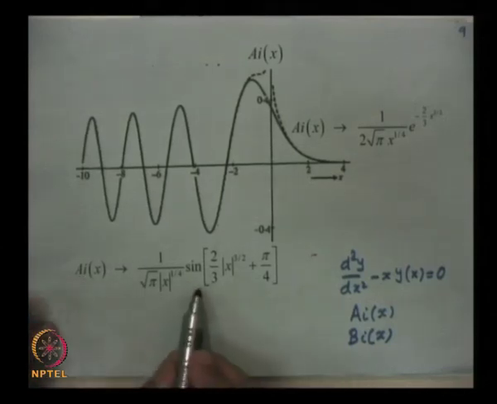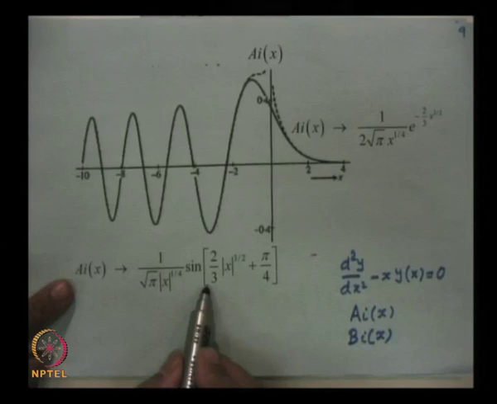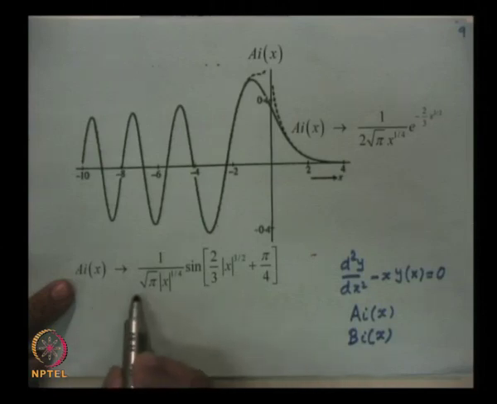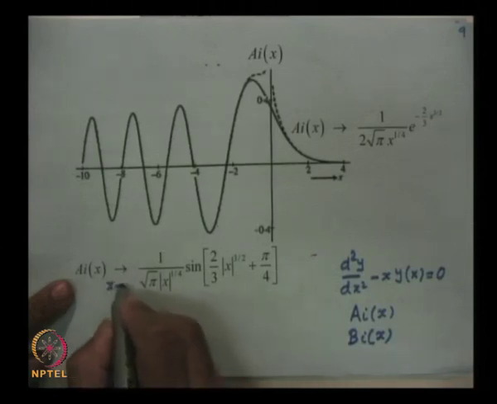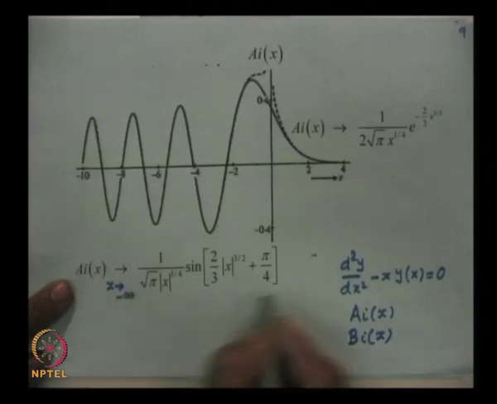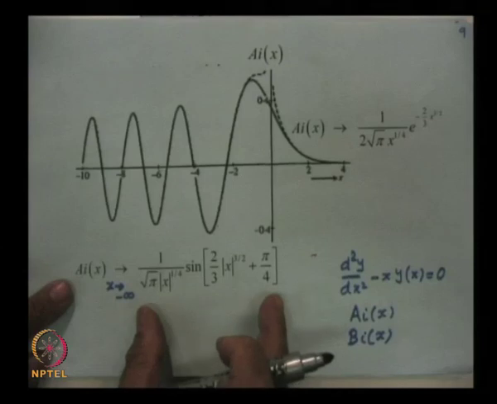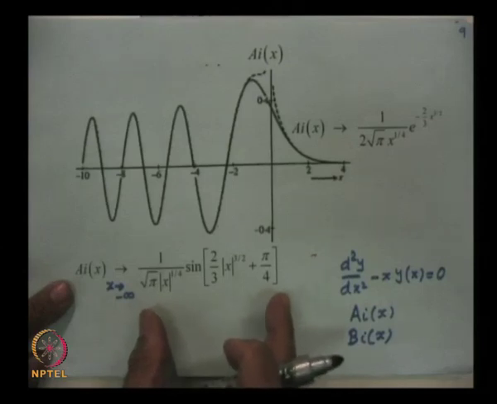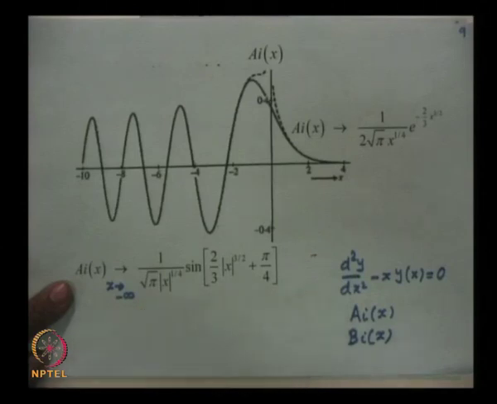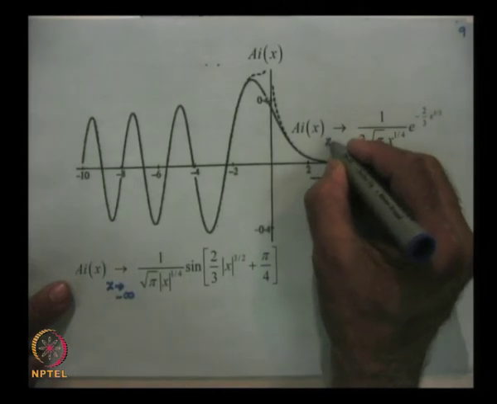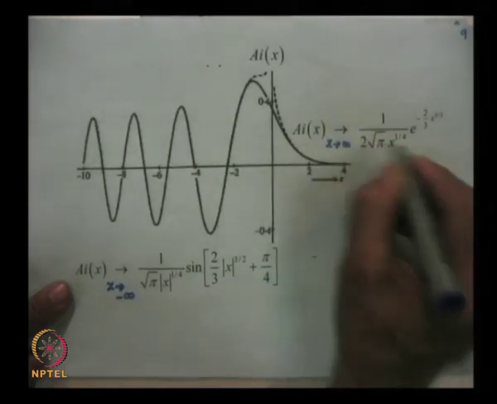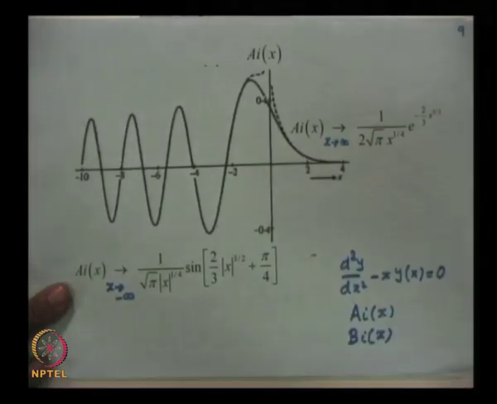And Ai of x has an asymptotic form as x tends to minus infinity, which is given by this. This I am not proving, but it can be obtained from the asymptotic forms of the Bessel functions, which must be known to all of you. Similarly, as x tends to plus infinity, this is the asymptotic form.